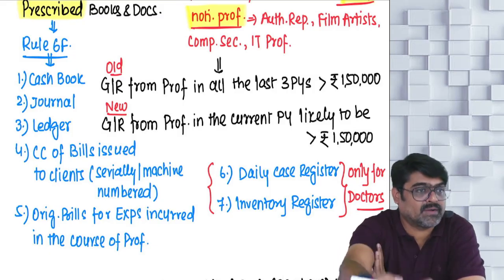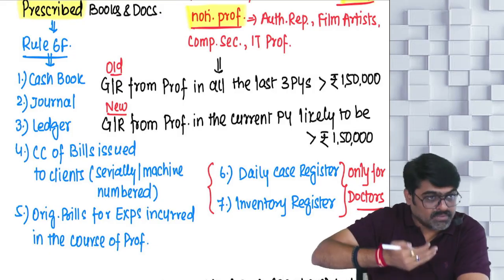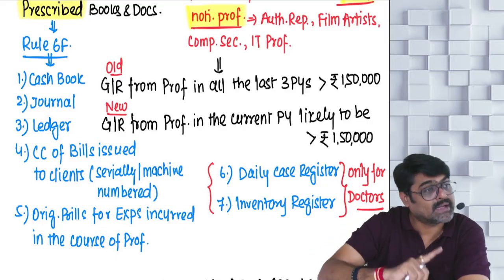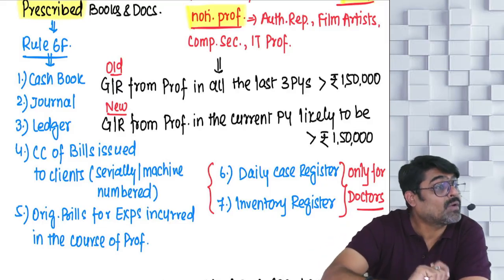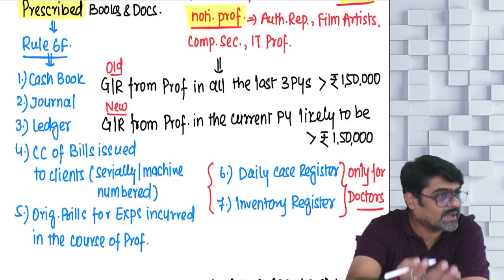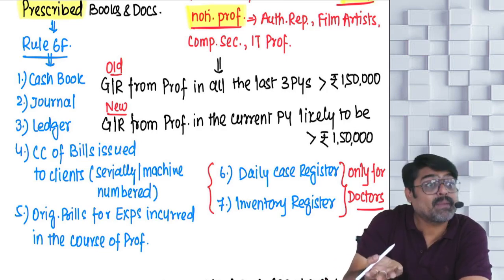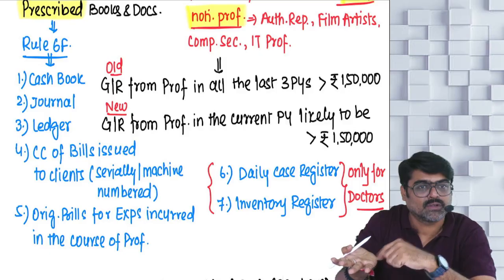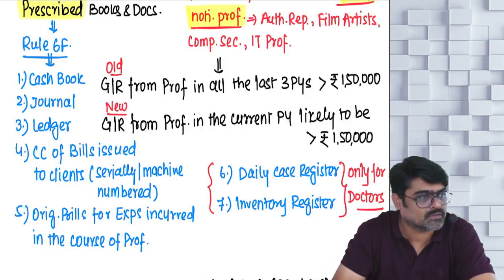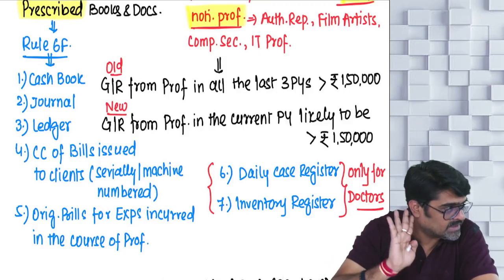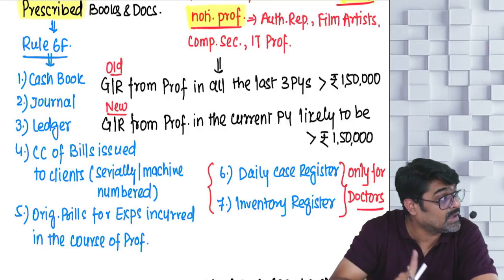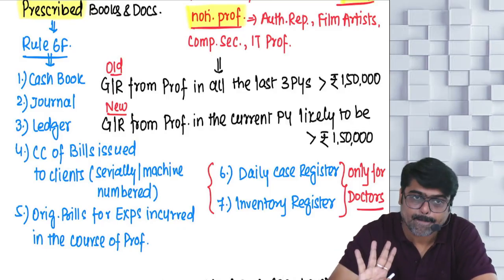You have made the payment for that expense, and if the original bill is not there, then at least take a voucher, with signature on the voucher, and maintain that payment voucher. That is evidence that you have made the payment for the expense.